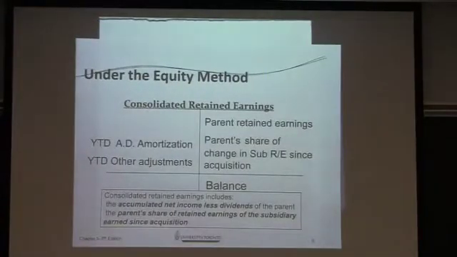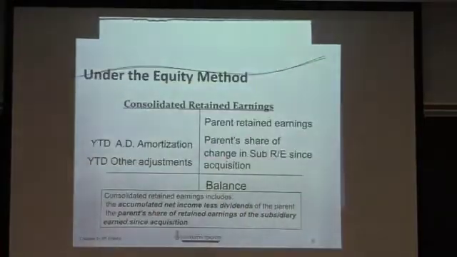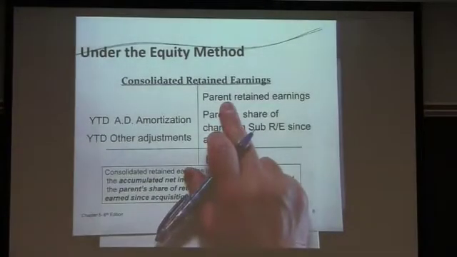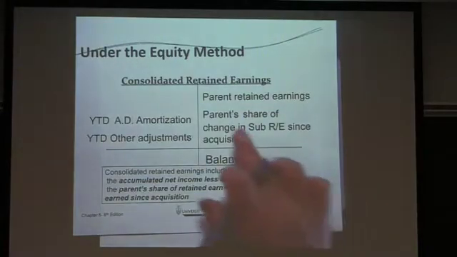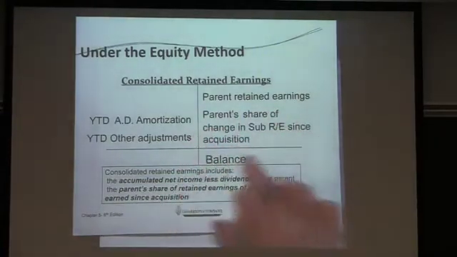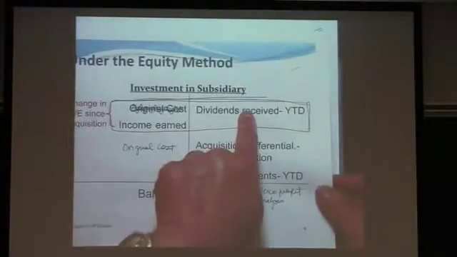Now, in your lecture notes, I'll show you that the consolidated retained earnings is an important aspect, which is actually the opposite to this side, the investment. So the entry that we adjust the investment, the retained earnings will be the opposite. We start with parent's retained earnings. We pick up our share of the changes in retained earnings, which is essentially income less dividends.